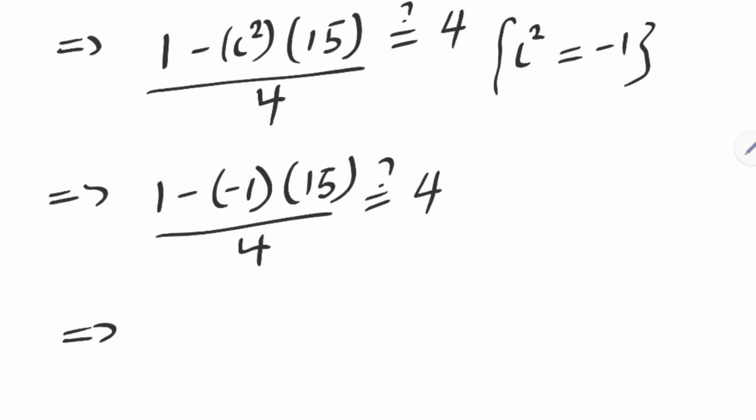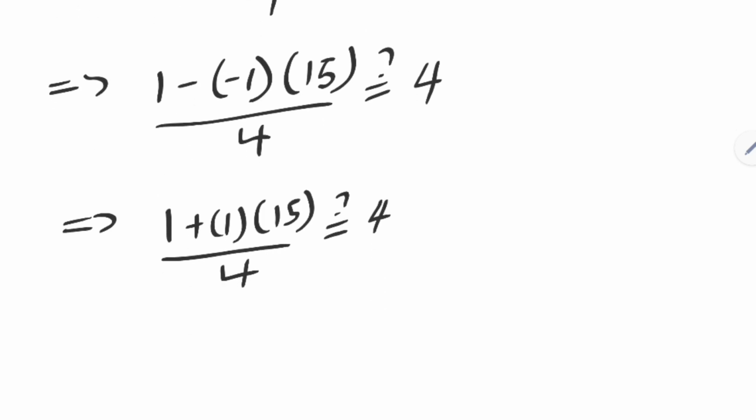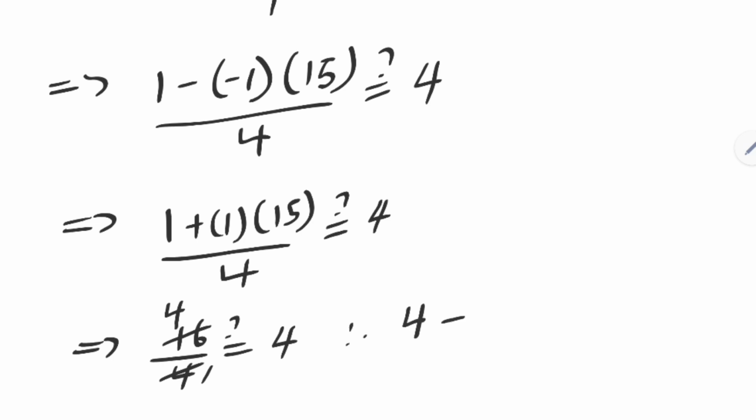This is 1 minus times minus 1, that is plus 1 multiplied by 15 all over 4 must be equal to 4. Now we have 1 plus 1 times 15, that is 15, making 16 over 4 must be equal to 4. 4 here 1, 4 here 4. Therefore, the left hand side 4 is equal to the right hand side 4, which is true.